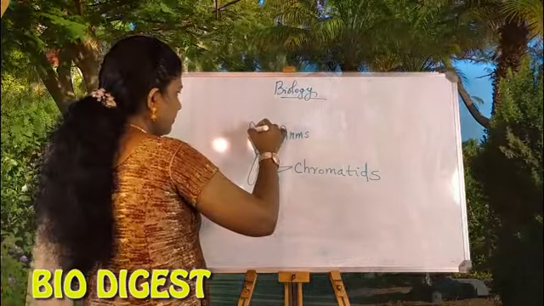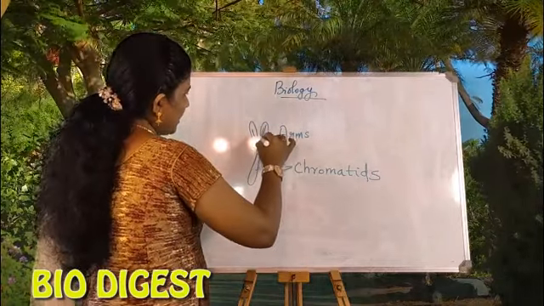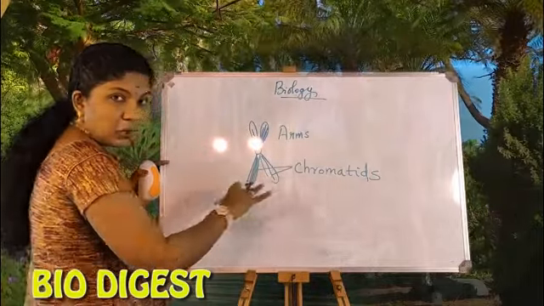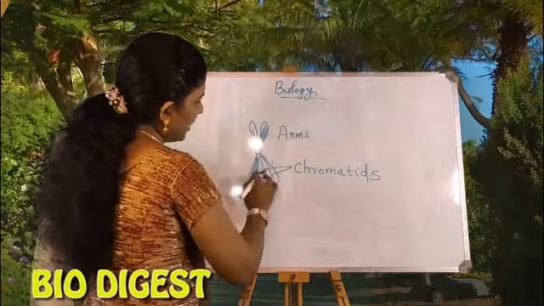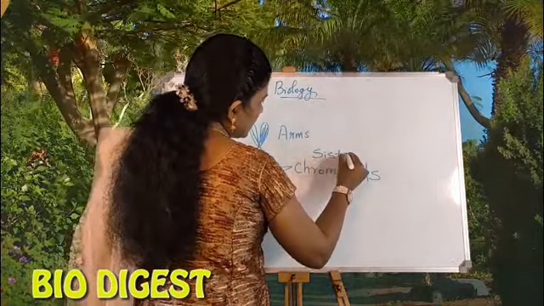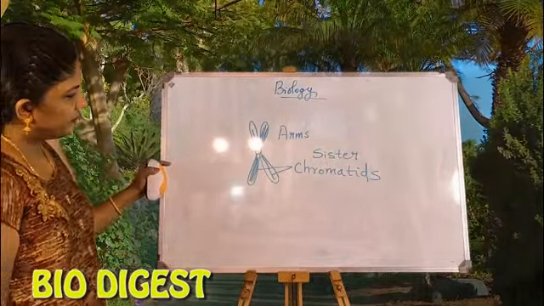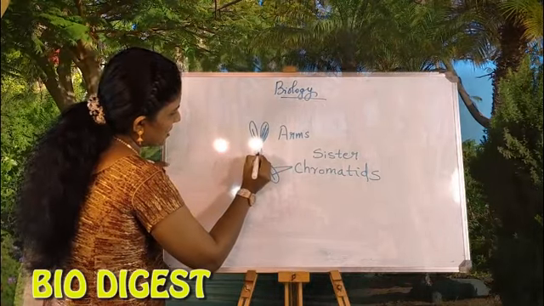Now this is the first arm, I am drawing like this. This one is the second arm. Both belong to the same chromosome. If both arms are of the same chromosome, we call them sister chromatids.